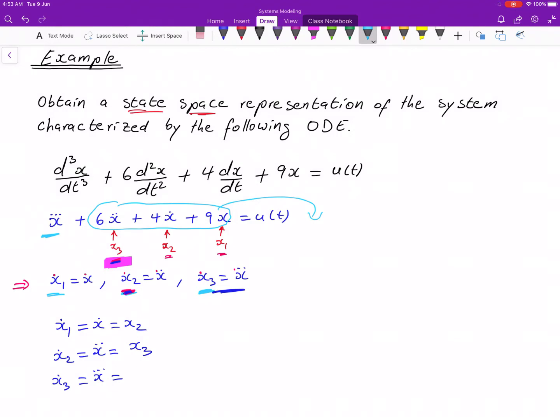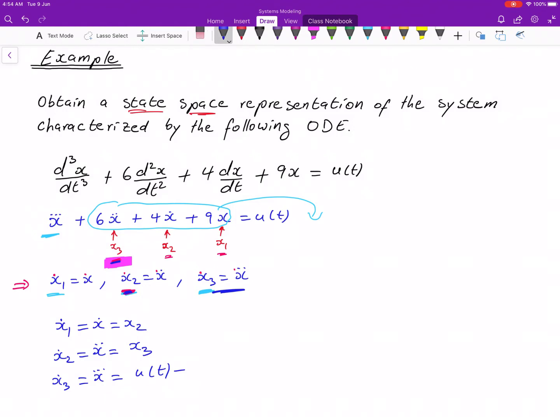So we rewrite this as: it's equal to u of t, and we move everything to the other side, minus. Let me start from the smallest one, the 9, then we increase the order.